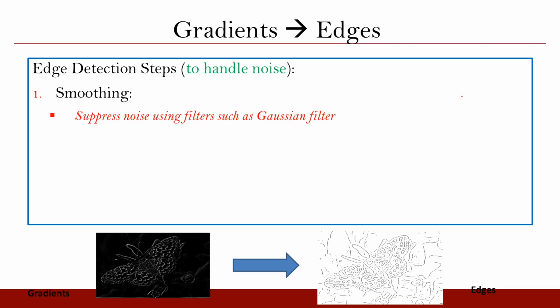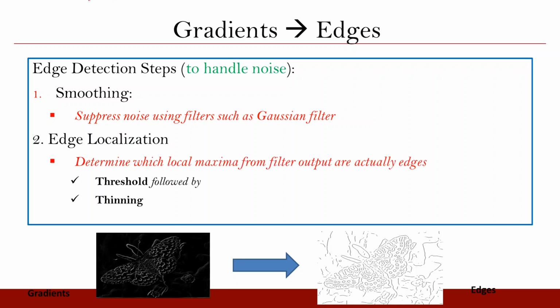So once you have a smooth image, then you can apply the edge detection. First you have smoothed the image, and once you have performed the smoothing operation, then you can perform the edge localization. What you need to do for edge localization? You need to now apply the operator, and whatever output filtered image you get, on that you put a threshold.